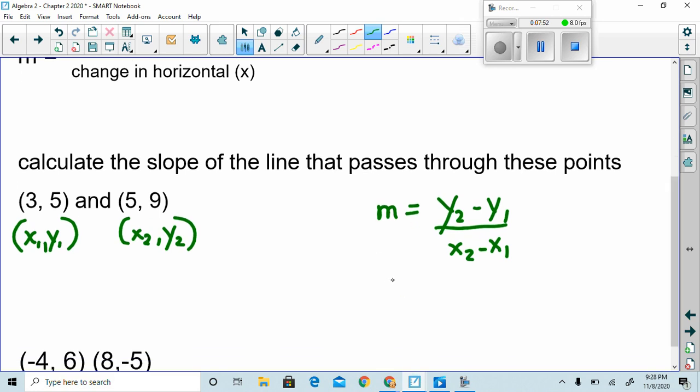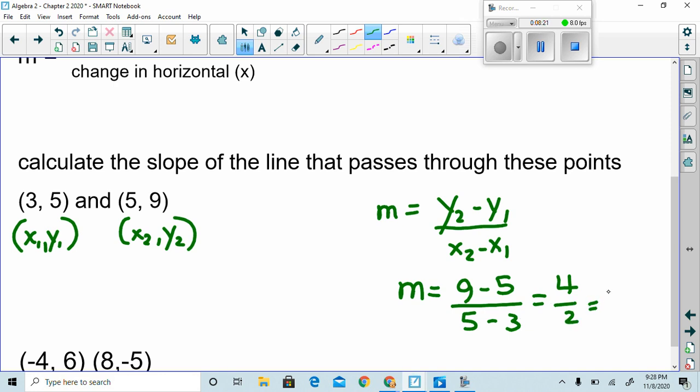So we'll have m is equal to y2 is 9, y1 is 5. I'll find the difference there, that's the change. And then I've got my x2, which is 5, and my x1 is 3. The order matters on this because we want to be sure we're subtracting y's from y's and x's from x's. 9 minus 5 is 4, 5 minus 3 is 2.